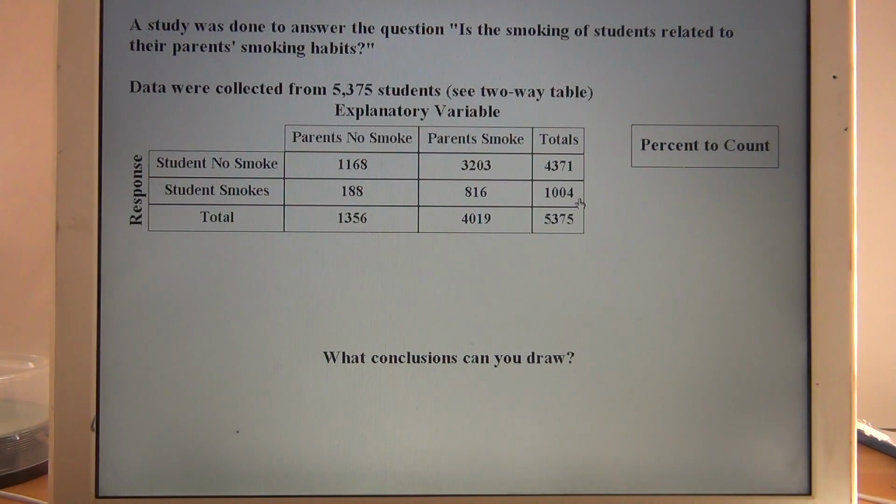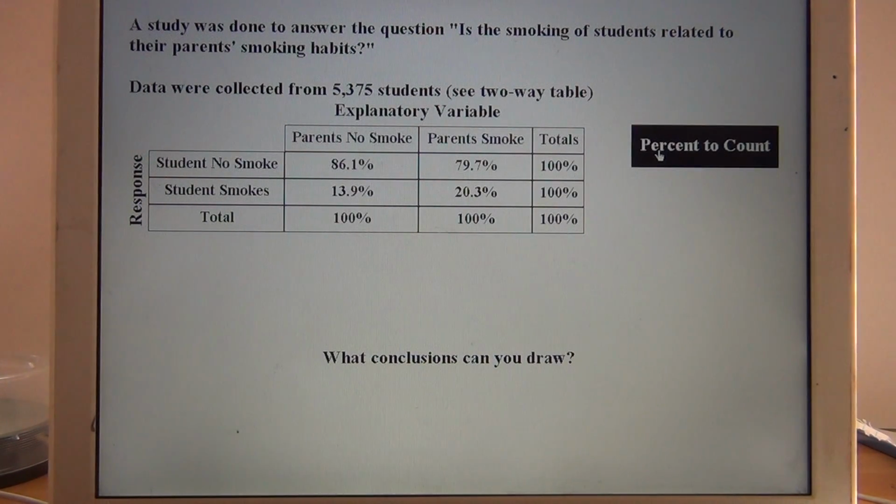Those are the totals. Well, again, this kind of data doesn't really help us. The raw data doesn't really help us. So if we change it to percents, and through the magic of the computer, if I click here, it'll do that. And so here I have 86% of parents did not smoke and their students did not smoke.